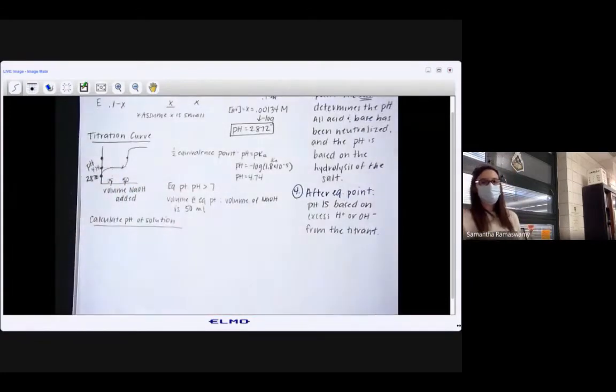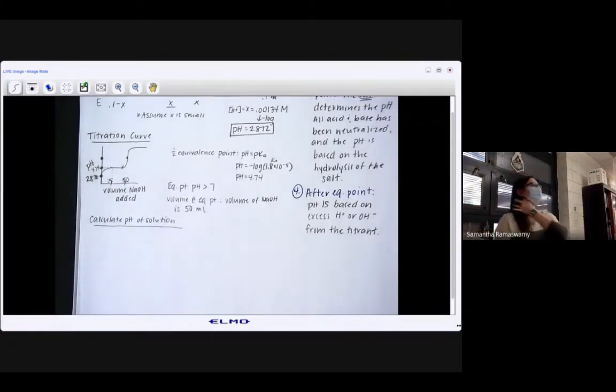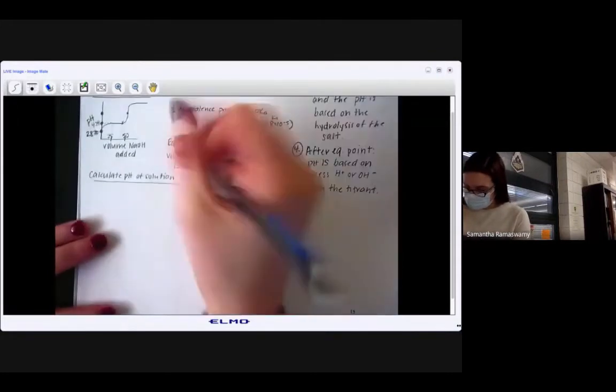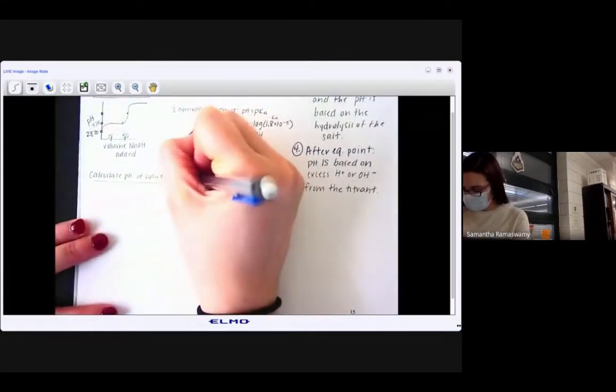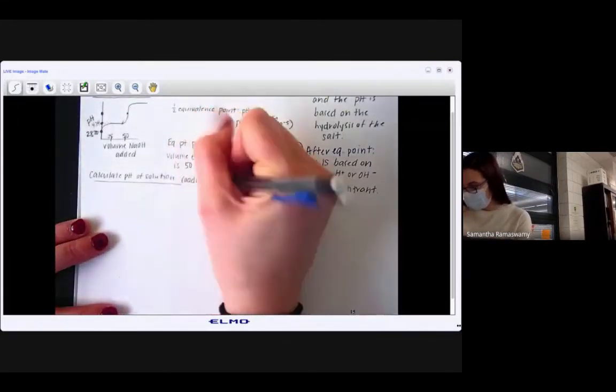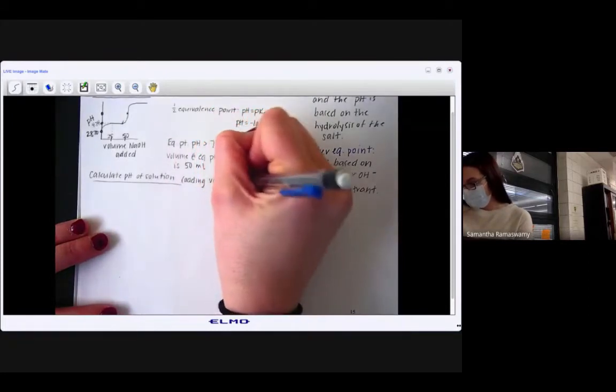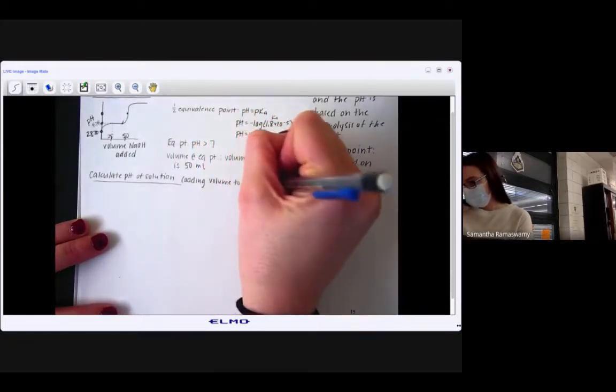Now, here's what we want to think about. We're going to go back to the neutralization discussion that we had a couple weeks ago when we talked about what happens if you add an acid to a base, if you add volume to volume. So I'm just going to make a little note right here. We are adding volume to volume.